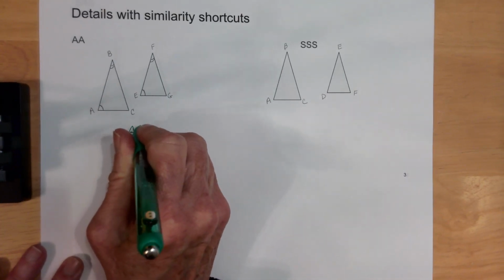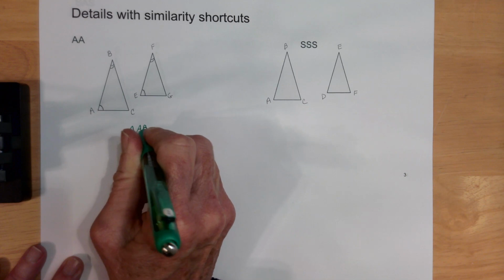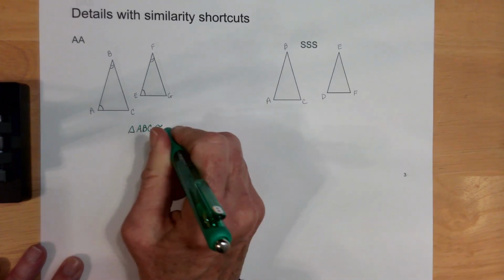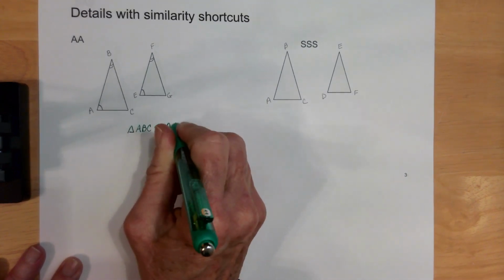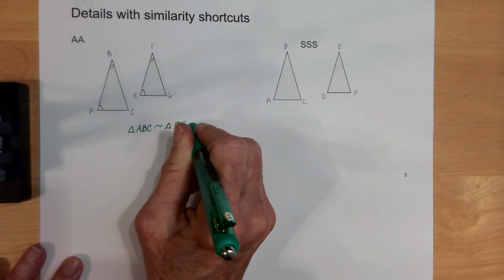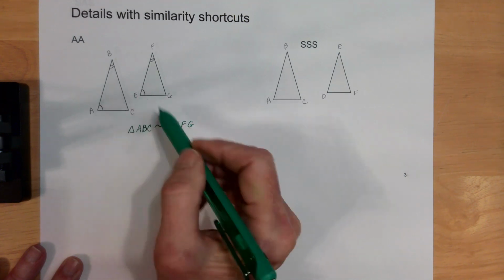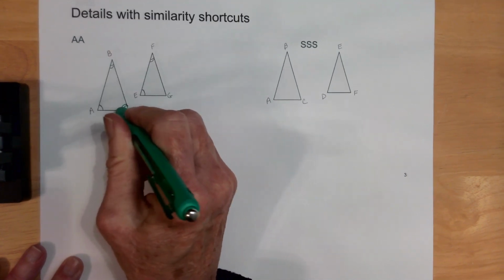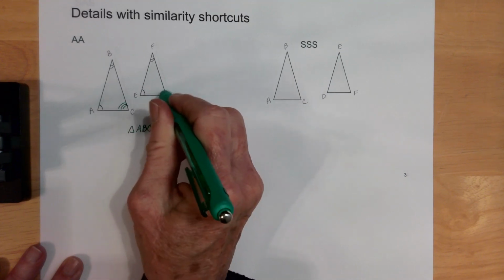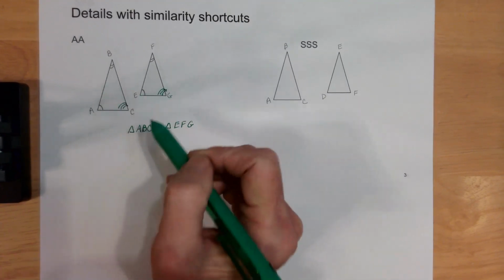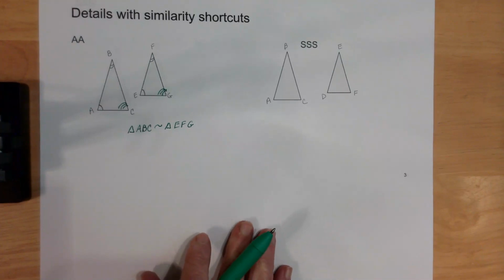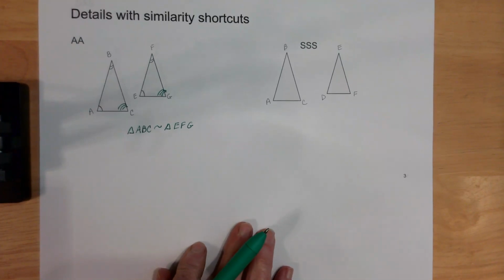So I can write triangle ABC is similar to triangle EFG, lining up the sides that are congruent. Remember, if 2 angles are congruent on another triangle, then I automatically know their third angles are congruent as well.